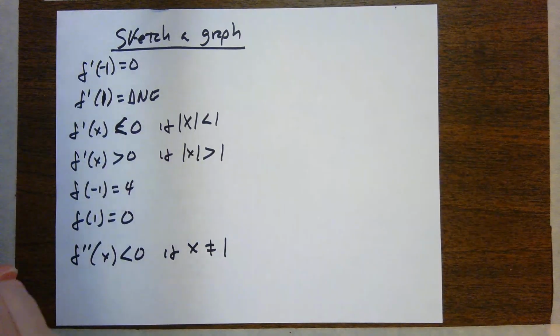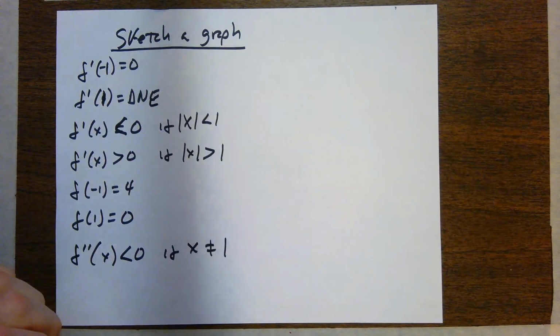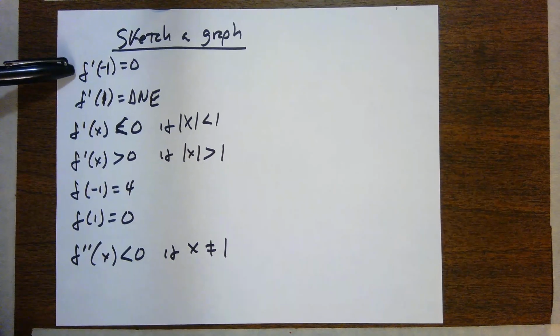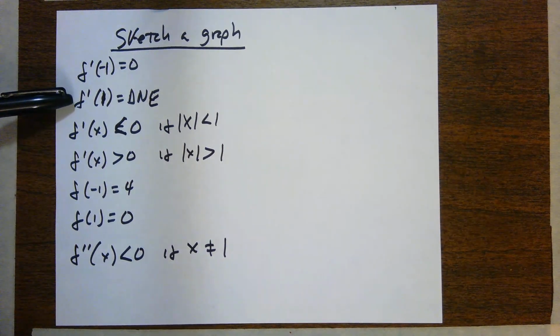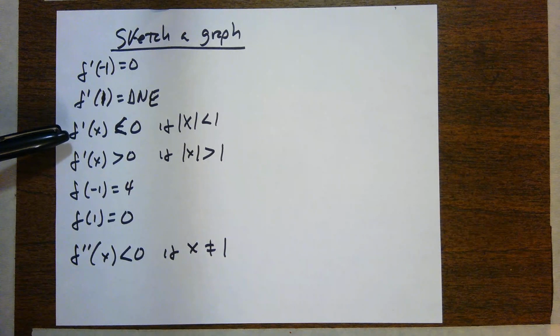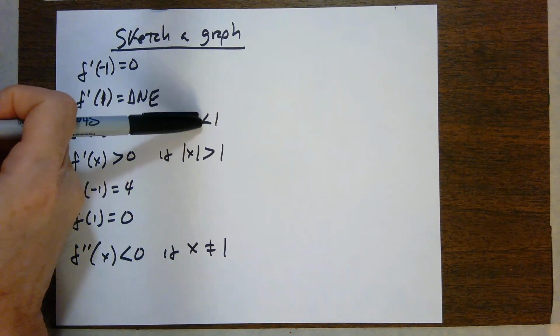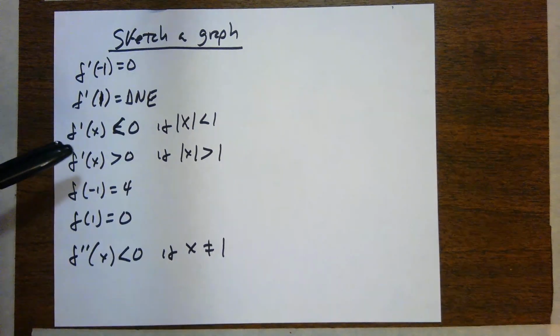So I want to sketch a graph with all of those things true at the same time. So again, let's go over these things. The first derivative at -1 is 0. The first derivative at 1 does not exist. Something's happened there that makes it not exist. The first derivative is less than 0 if x is between -1 and +1.